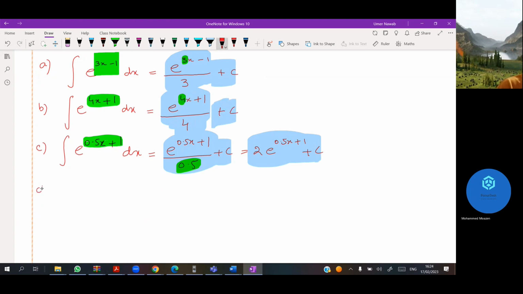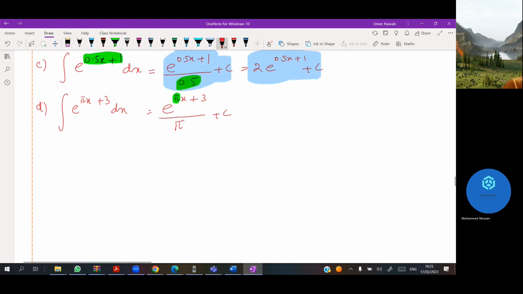Now we go to the D part: e raised to power 5x plus 3. Same answer. The coefficient of x is 5, so we need to divide it by 5, plus c. Next, e raised to power 4x plus 1 dx.